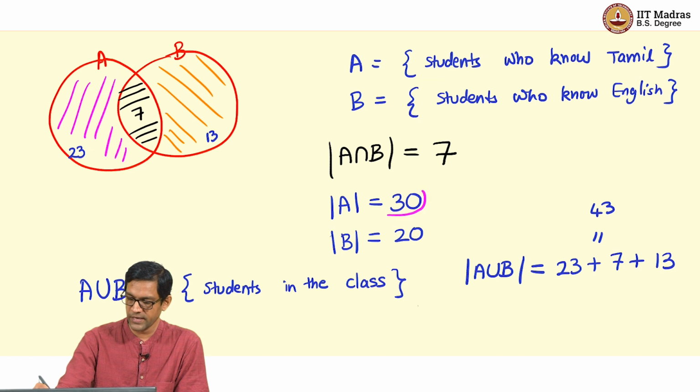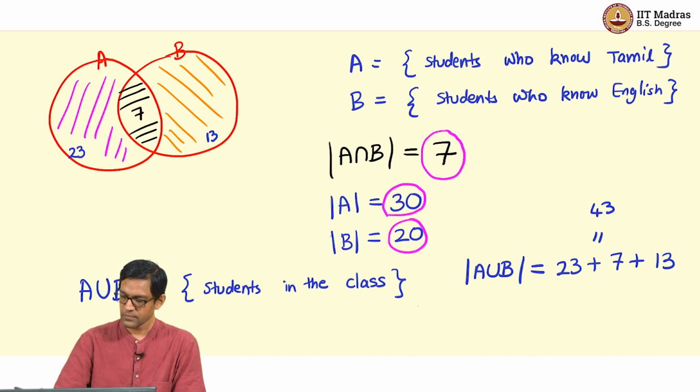What we are actually given are these numbers of elements in A, B and the intersection. So, let us just rewrite this as follows. I am just going to take this number 7 and add and subtract it.